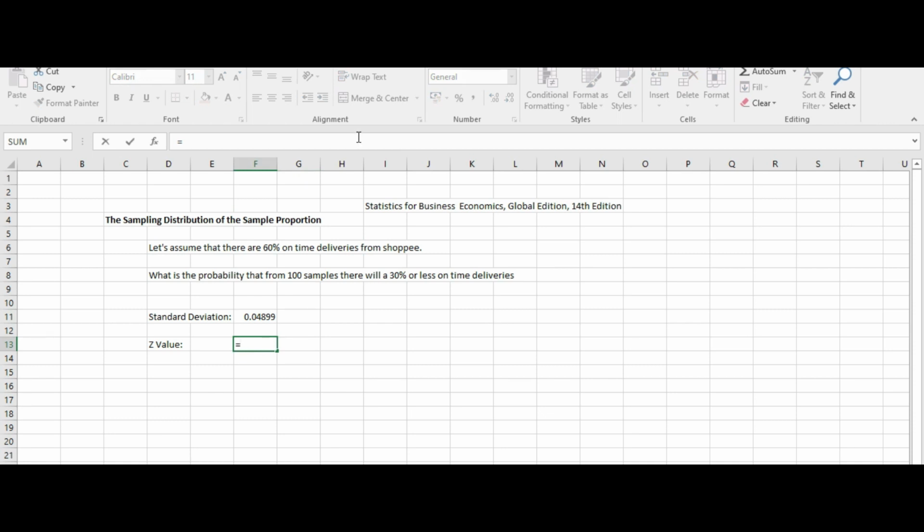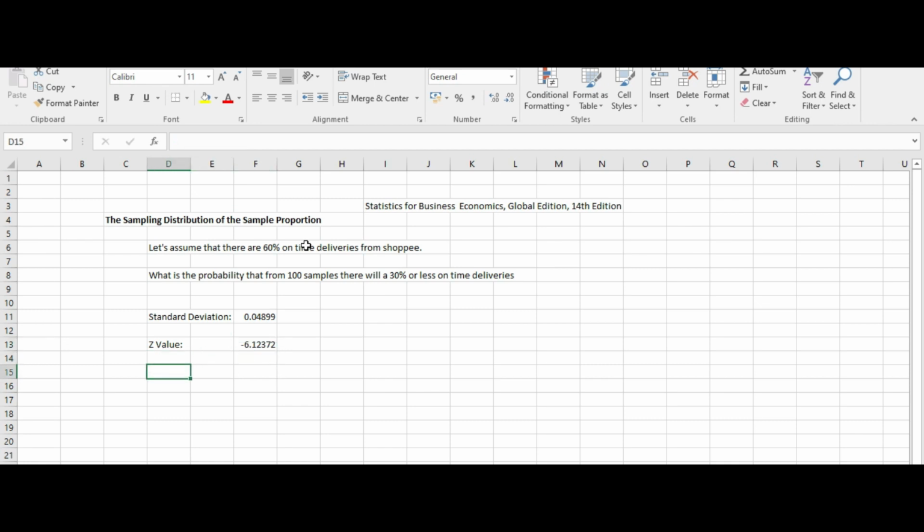In order to get the z value, we will put it in parentheses, 30% minus 60%, close parentheses again, over the standard deviation. Now we get this negative 6.12. That's the z value.